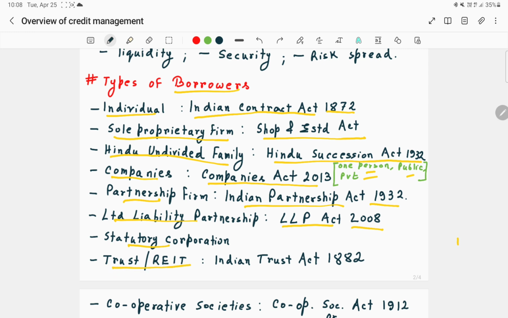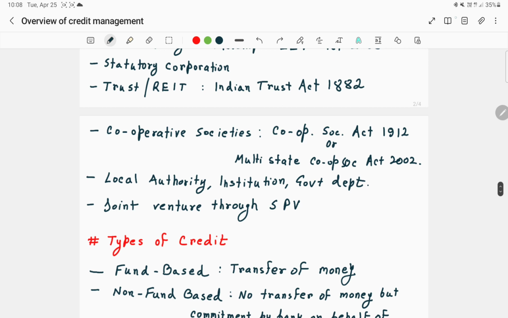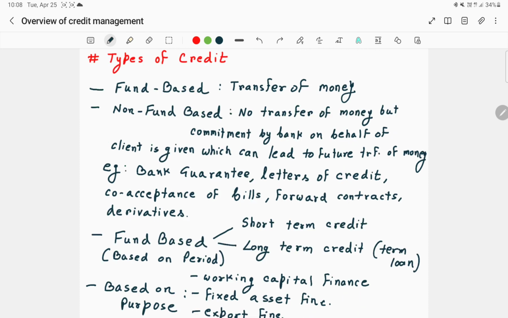Trusts or REITs will fall under the Indian Trust Act 1882, and cooperative societies will fall under the Cooperative Societies Act or Multi-State Cooperative Societies Act 2002. The local authorities or institutions and government departments will fall under the respective acts, and a joint venture through SPV will also fall under the respective acts.